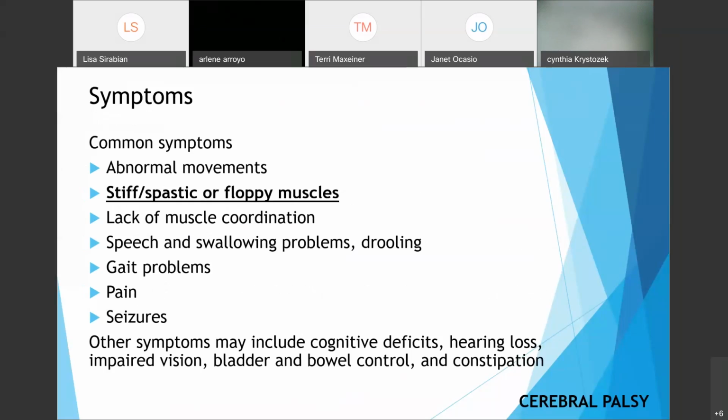Common symptoms with cerebral palsy: of course, abnormal movements, stiff, spastic, or floppy muscles, a lack of muscle coordination, speech and swallowing problems, and drooling can be a problem, gait, pain, seizures. Other symptoms might include cognitive deficits, hearing loss, impaired vision, bladder and bowel control, and constipation.